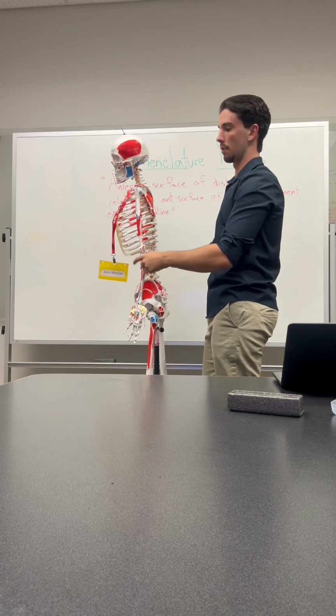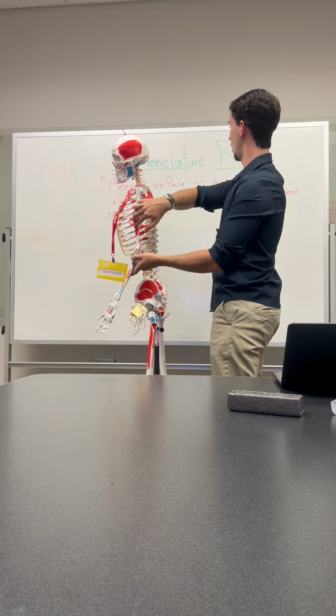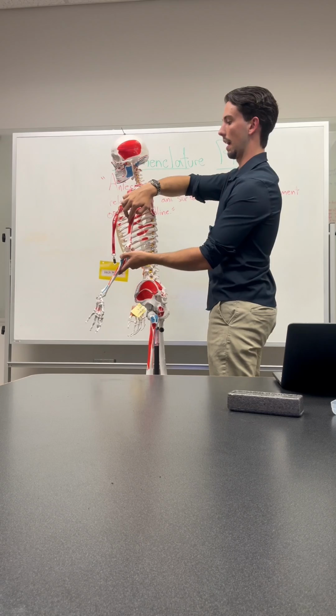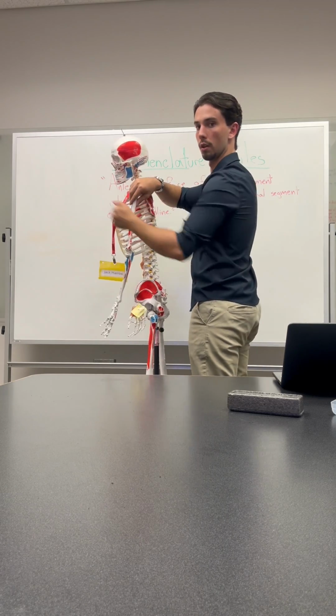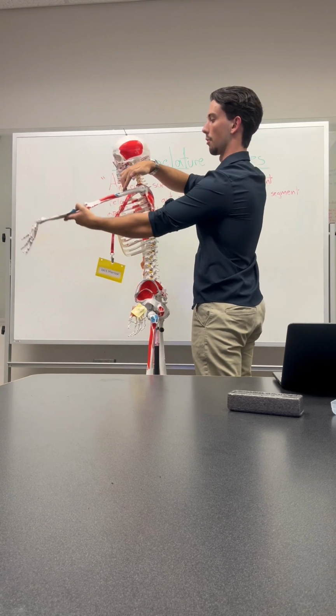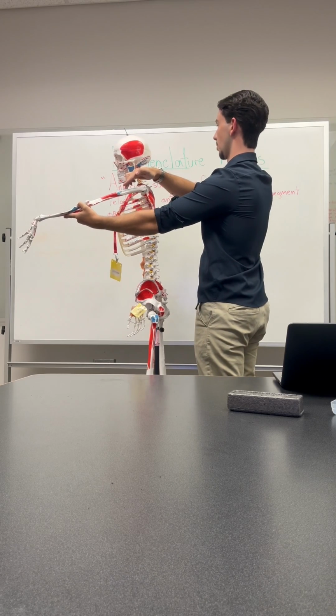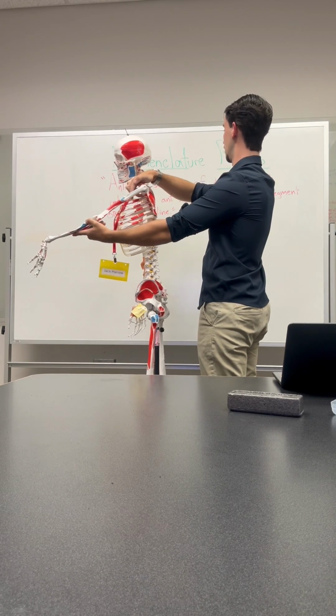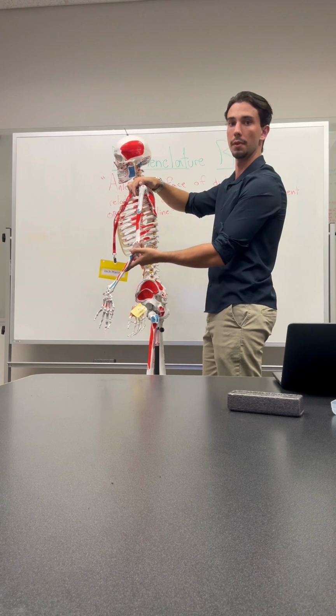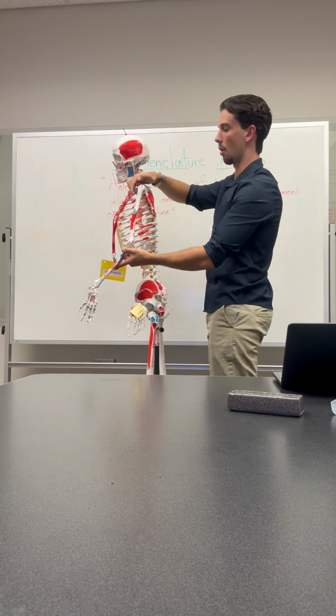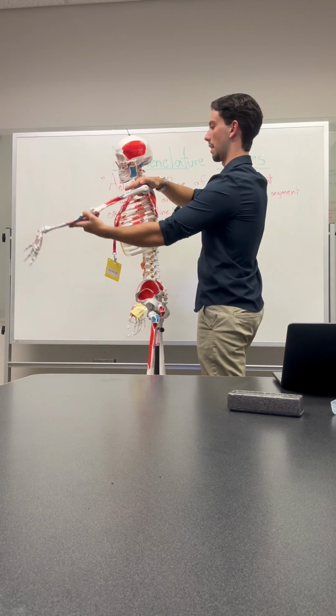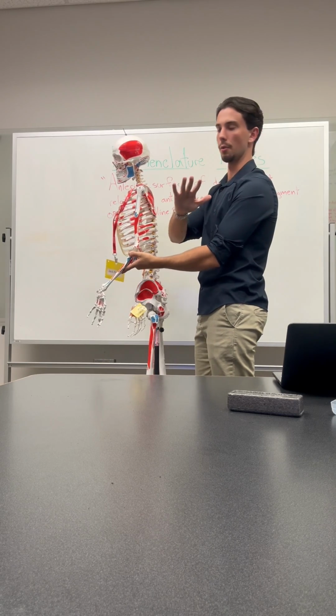Well, which way does it move? Anterior surface of the humerus moves anteriorly, it's moving forward, and superior, relative to what? Relative to the anterior surface of what's our fixed proximal segment, our glenoid, or body midline. In this case, we're just going to say glenoid.